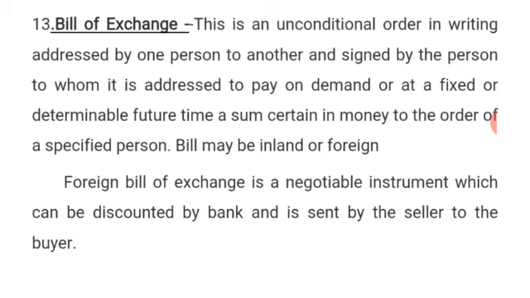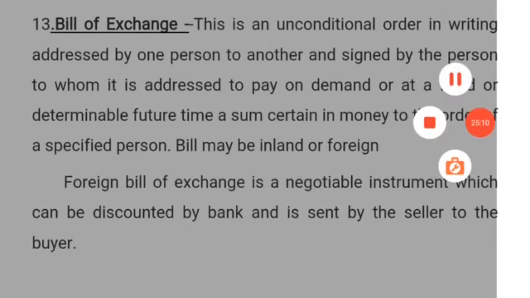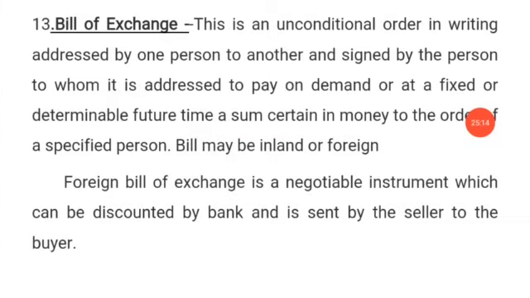Now what do we mean by this? It has to do with the relationship between creditor and debtor, and a bill of exchange is prepared by the creditor. Now let's say somebody is owing the creditor a certain amount of money, let's say 50,000 naira, and the debtor has been approached.